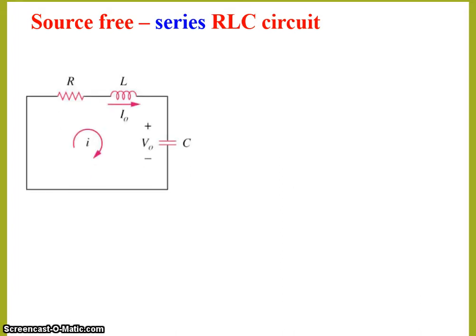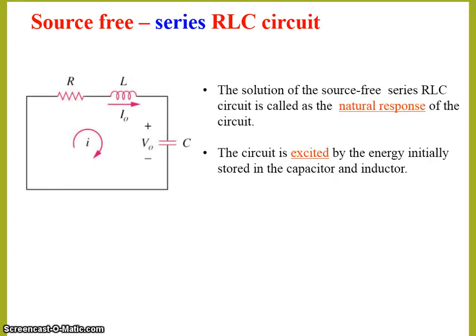So let us take a series RLC circuit. The source-free response is otherwise called the natural response, as you've seen earlier in RL and RC circuit. This circuit gets excited because of the energy stored in these two energy storing devices, the inductor and the capacitor.